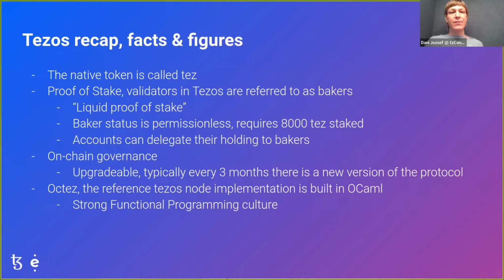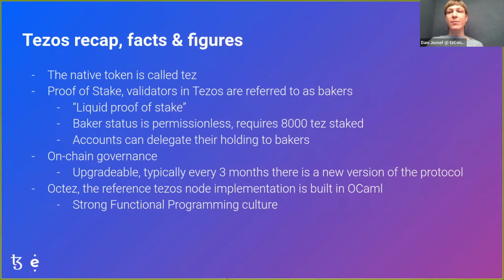The version of proof of stake that Tezos uses is called liquid proof of stake, which means that the baker status, the baker is what we are calling validators in Tezos land, is permissionless. There is no specific allow list of validators like in some delegated proof of stake blockchains.